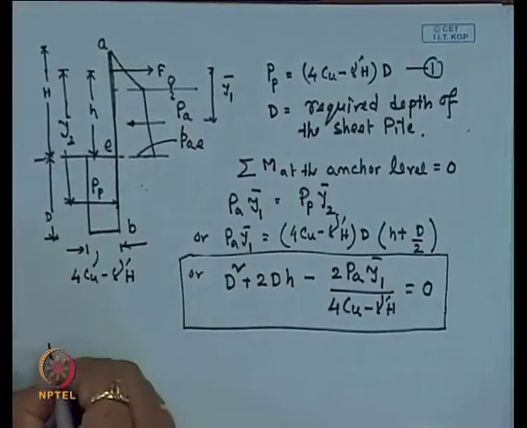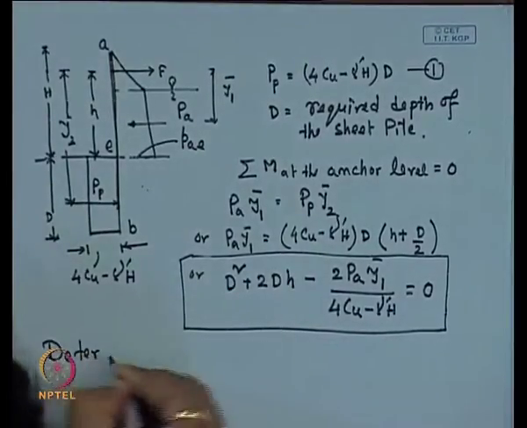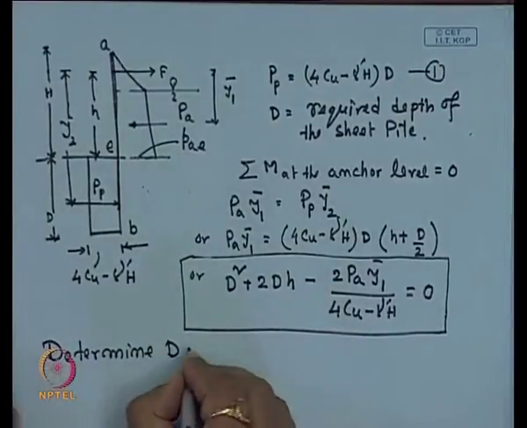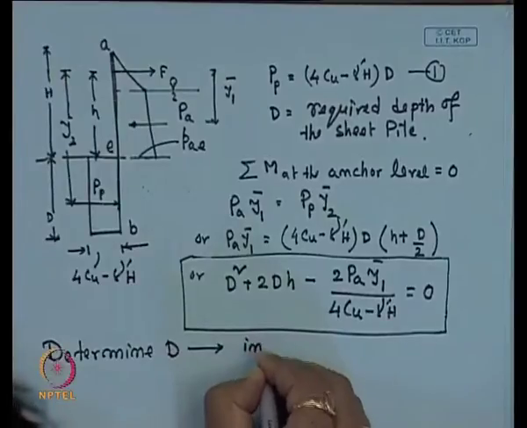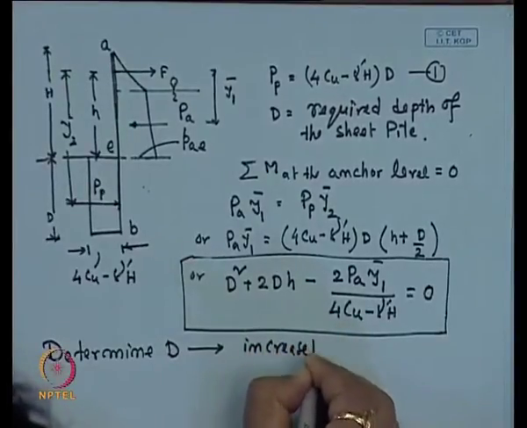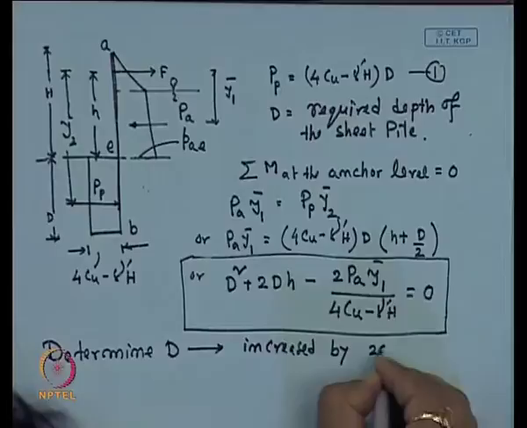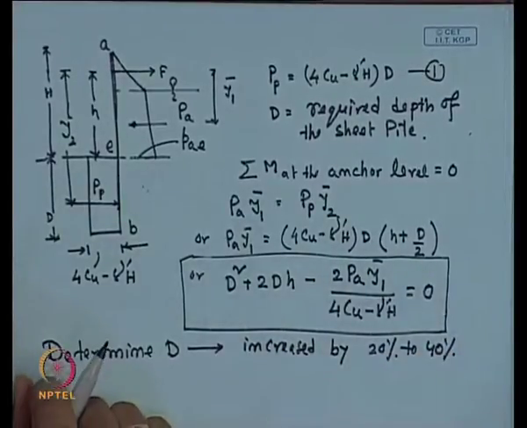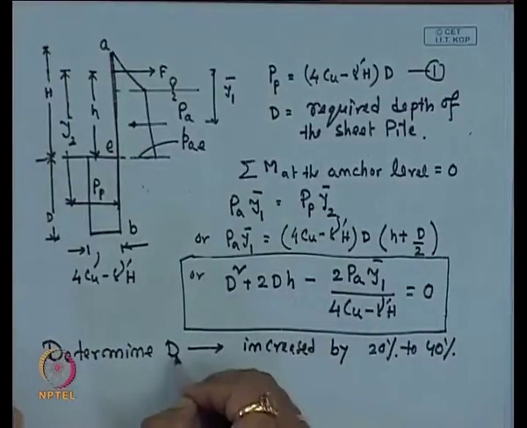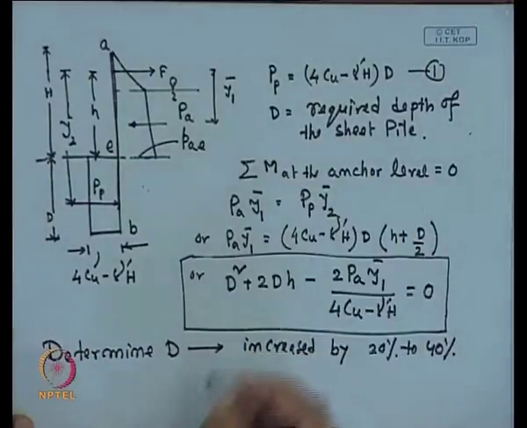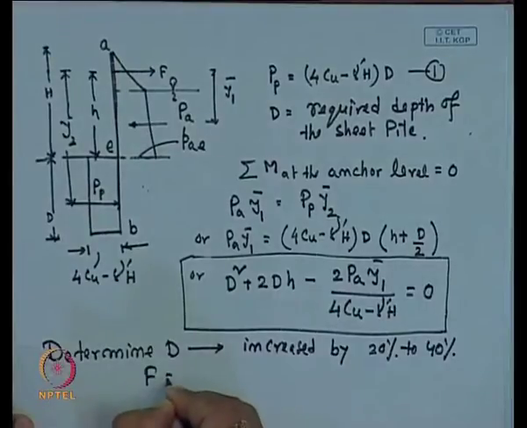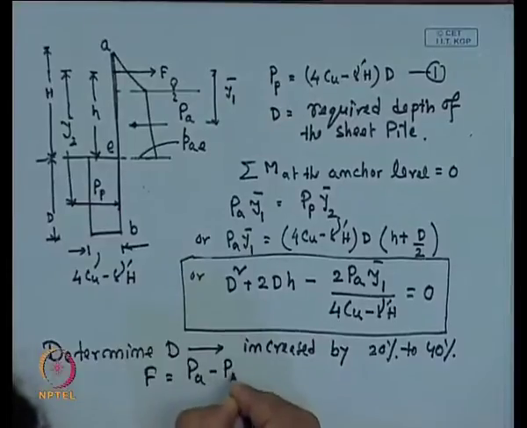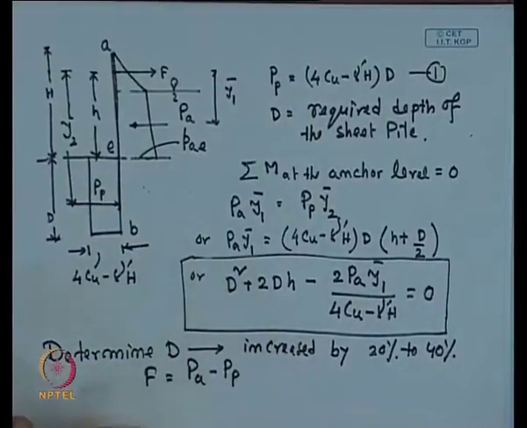You have to determine the D from this final expression, then increase it by 20 to 40% due to the factor of safety. Then once you get this D, we can calculate the P p, then finally F will be determined by P a minus P p like the previous case.